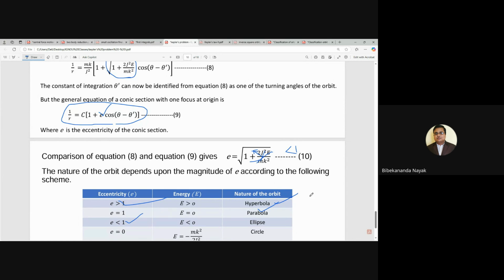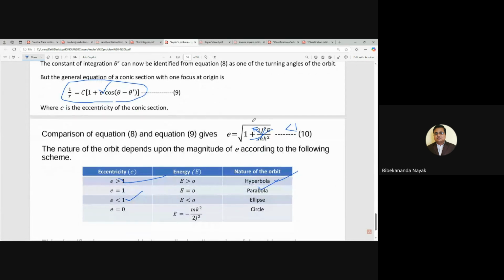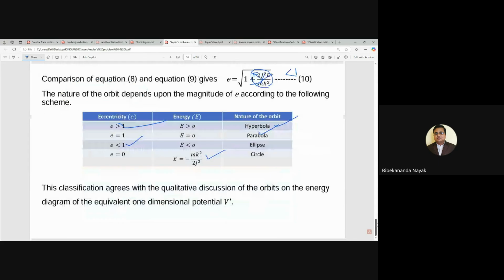In that case, ellipse. If eccentricity is 0, this term is equal to minus 1, then e is equal to minus m, because that case is circle. This is what we found in the case of orbit. This classification agrees with the qualitative discussion we did in the previous slides. It is all about classification of orbits.